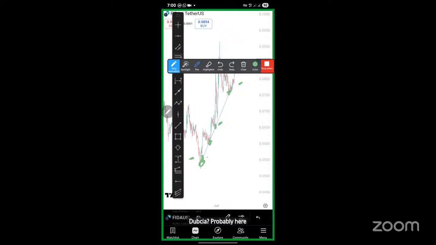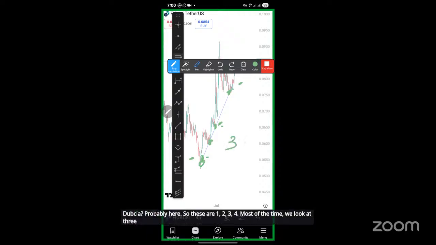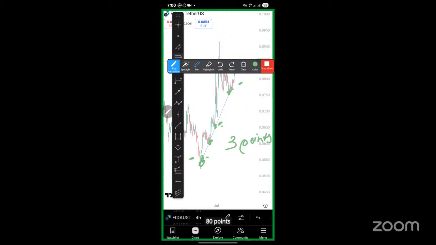So these are 1, 2, 3, 4. Most of the time we look at 3 points, or 4 if possible. But for the trend line to be perfect, at least make sure you have the 3 points. And the market is moving on an upward side.